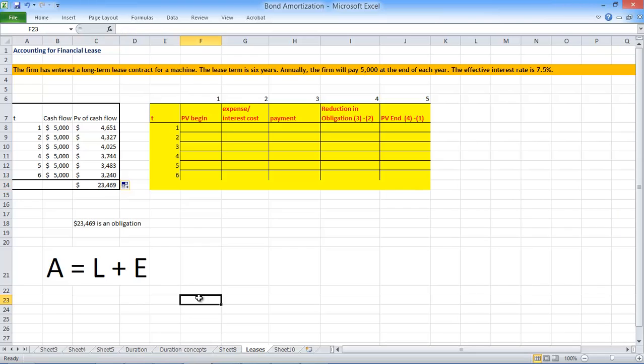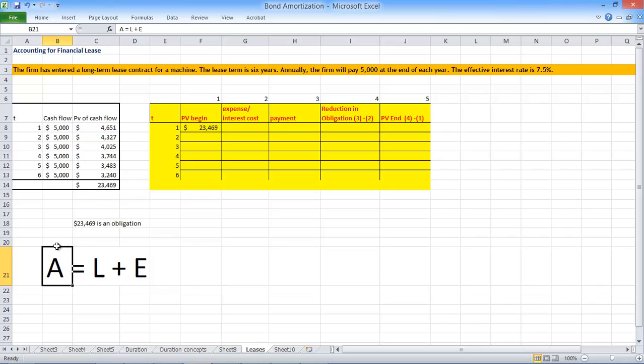So what happens is when a company leases something, it has an obligation because it has to pay. So your liabilities or your obligation has increased by $23,469. Okay. So if your liabilities have increased, your assets also have increased. Remember, your assets equals liabilities plus equity.